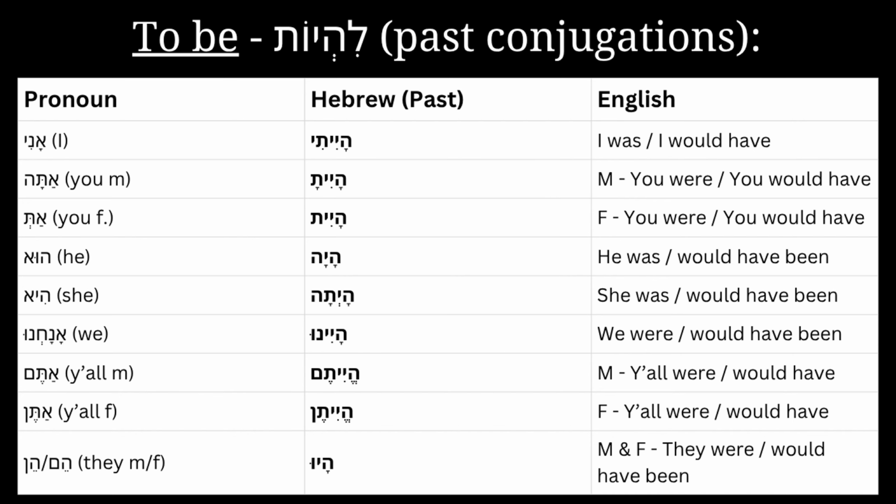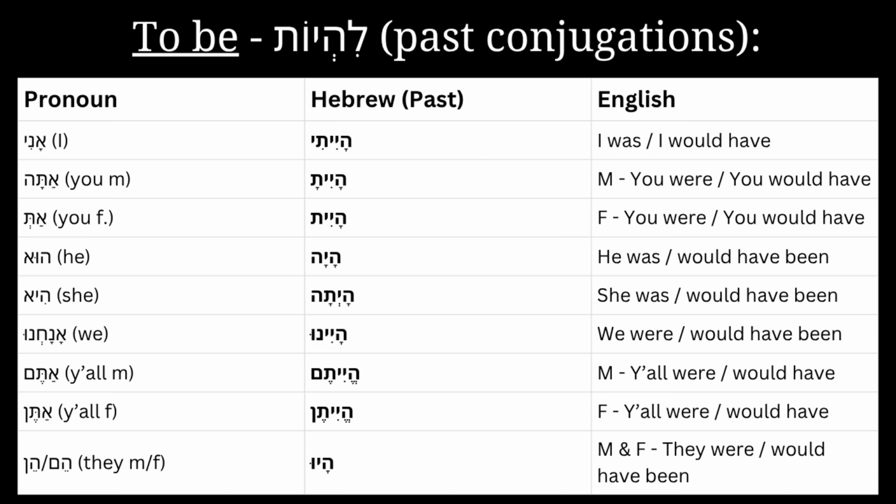Briefly, we can look at the conjugations of "lehiyot" in the past to see how they will be used in conditional states. Ani hayiti. Ata hayita. At hayit. Hu haya. Hi hayta.